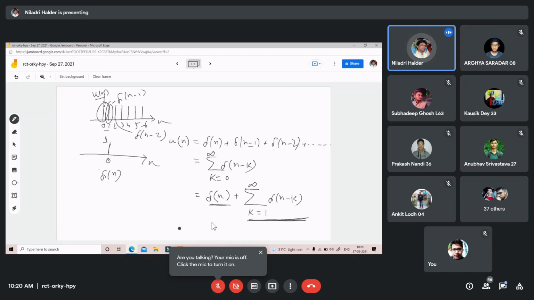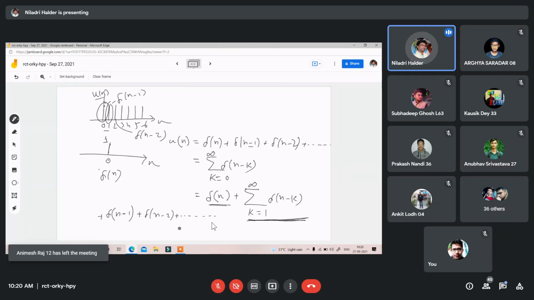Simply if you split it, what will happen? For k equal to 1, delta n minus 1, delta n minus 1 plus delta n minus 2, that you are getting, and delta 0 from here, delta n, that gives you 0.